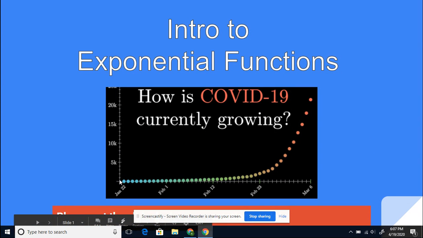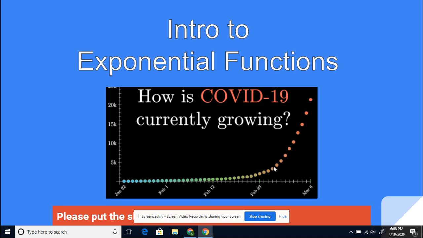Basically, each of these data points represents the number of cases that people have contracted this virus. It starts out pretty slow. It's not increasing all that much. But then we've had a very quick increase in the number of cases.